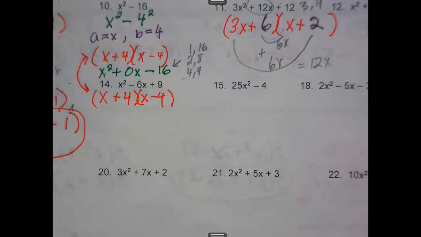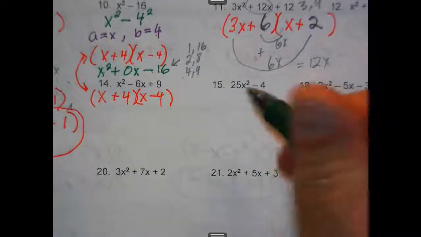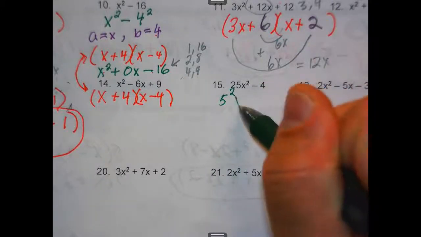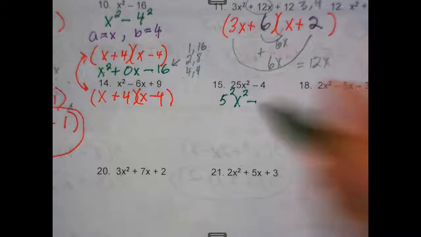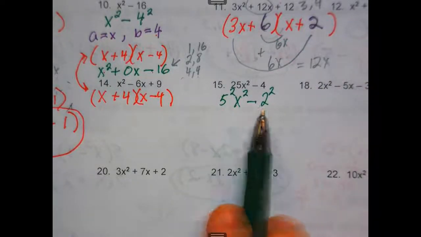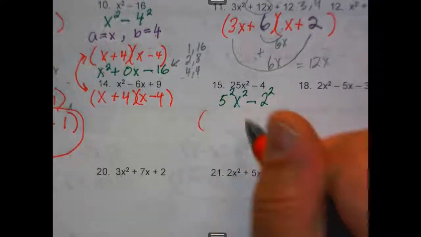Number 15. What do I have here? That's right, a difference of squares, don't I? How can I write 25 as a square? 5 squared, right? I have x squared minus 4, which is 2 squared. So I have a difference of squares. So I can go straight to the a plus b, a minus b.